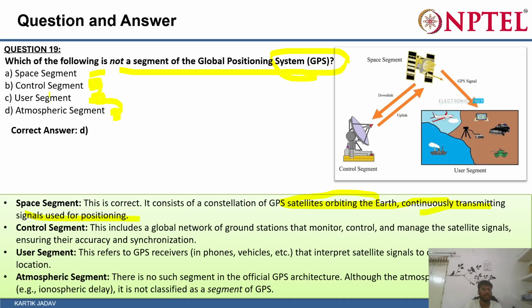Sorry, they are asking for the one that is not a segment. So space is a segment, control segment is also there, user segment is also there, but the atmospheric segment is not. It has no role in GPS. Correct answer is option D.